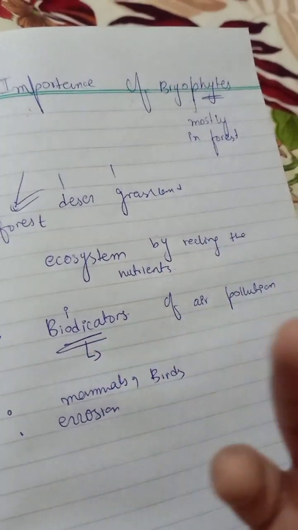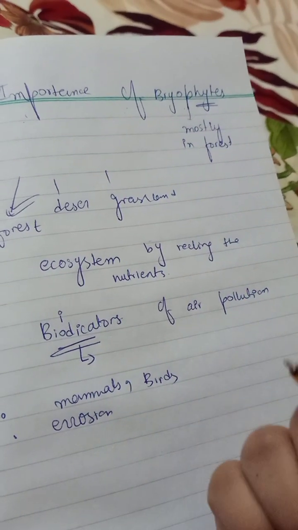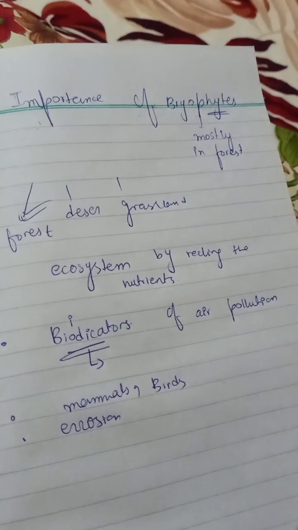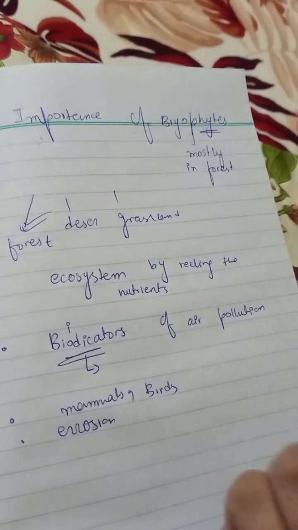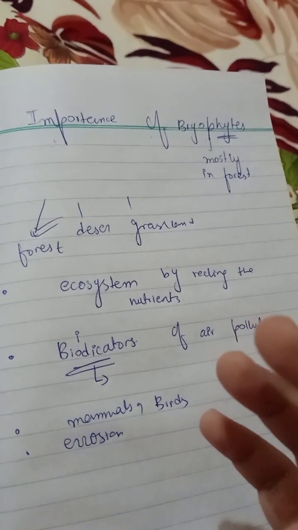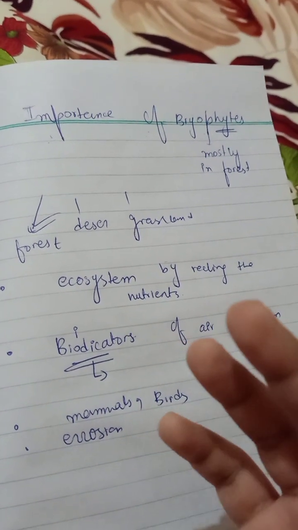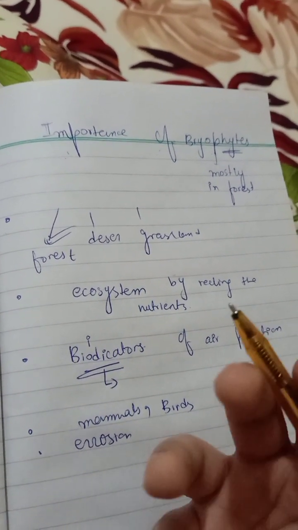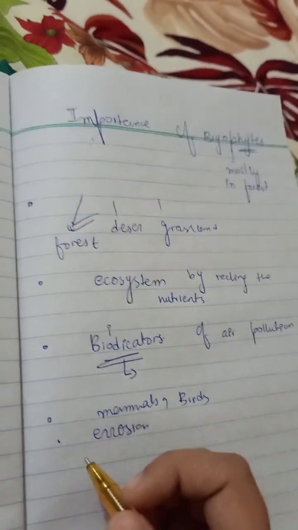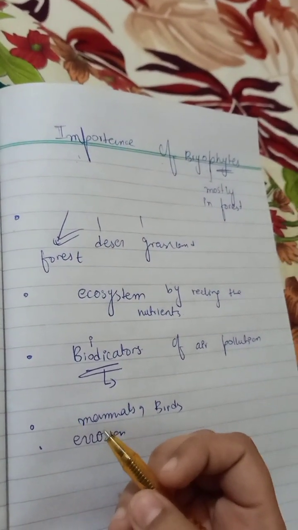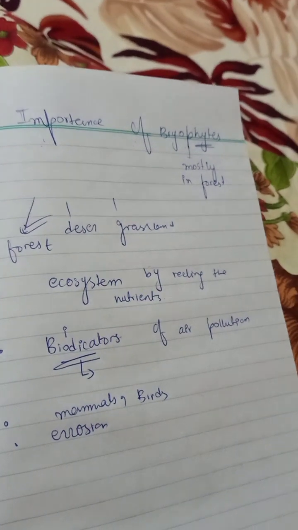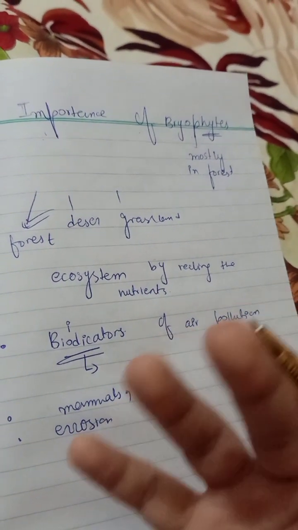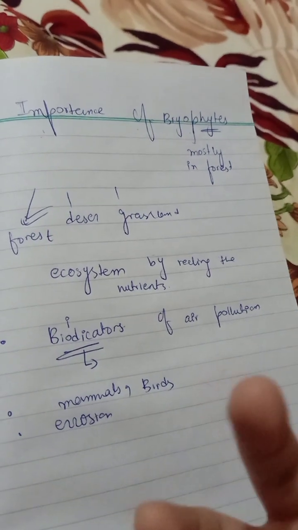As you all know, some parts of plants break, so they prevent that, and they hold the surface of the soil. So they prevent erosion, for example when a leaf falls off.